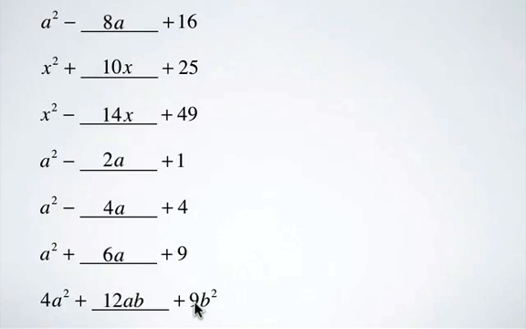The square root of 9b squared is 3b. We're going to multiply that by 2, which is 6. And then we're going to multiply that by the square root of the first term, which is 2a. 6 times 2 is 12, and we add the a to give us 12ab.